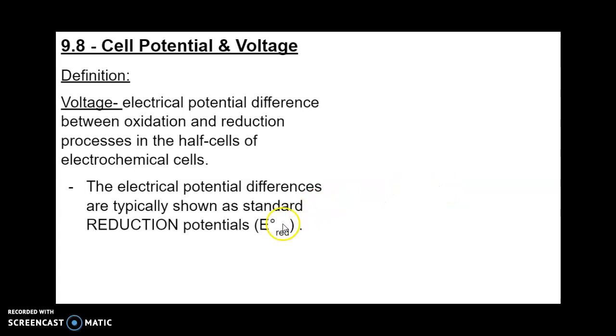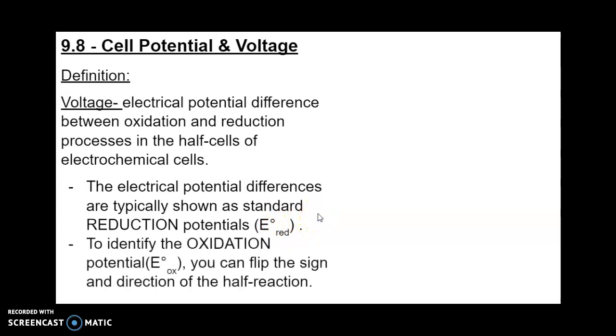So that's going to be abbreviated by E standard cell reduction. So remember that little degree symbol means that we're at standard conditions, and the RED for reduction. If we want to think about oxidation, then we just need to flip the sign and the direction of the half reaction.